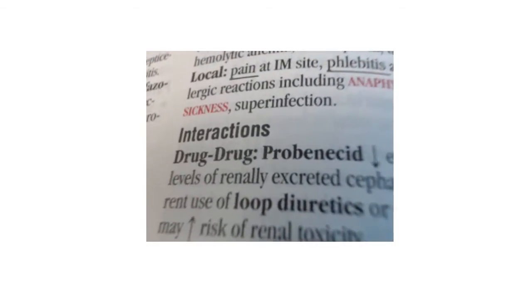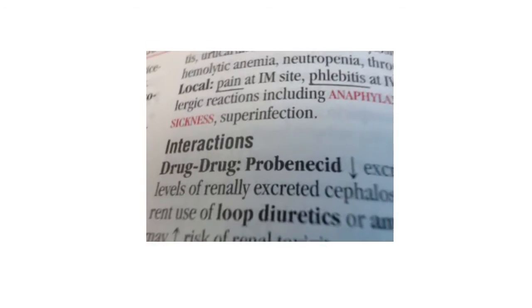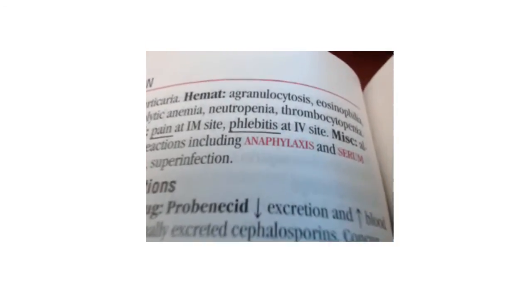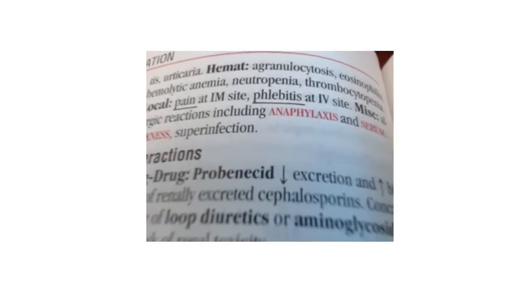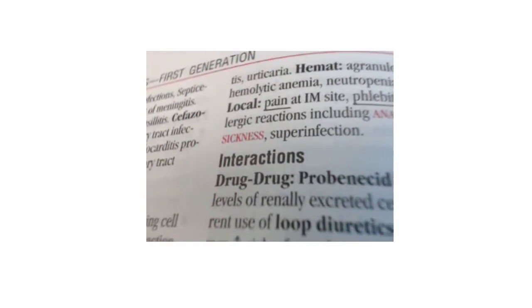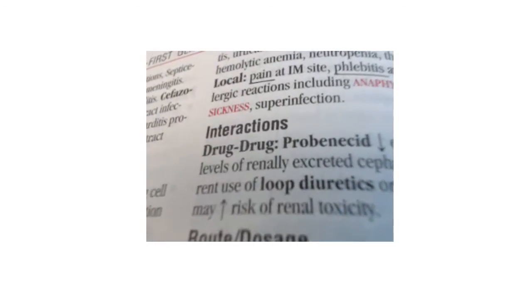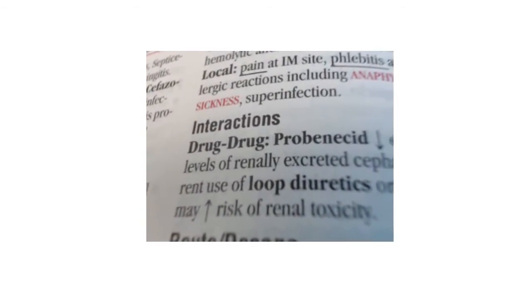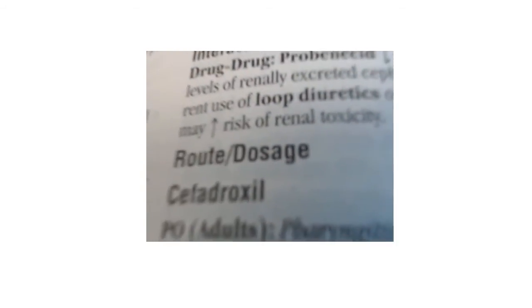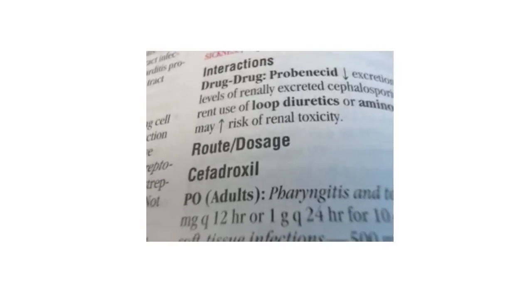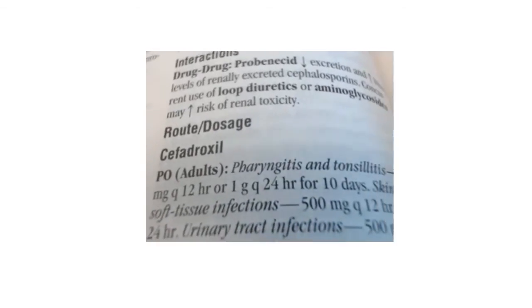And here you might look at drug-to-drug interactions. We see loop diuretic. Lasix is a loop diuretic. Okay? So we might read further about what those interactions are with Lasix. And how is it usually given, or how can it be given? It can be given PO to adults, and it gives your dosing.